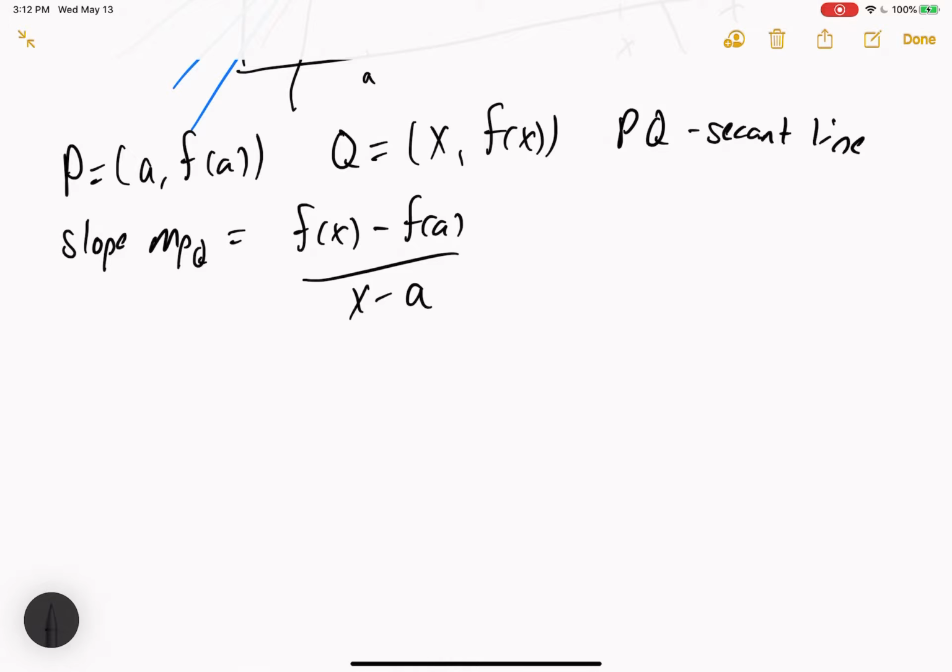So I don't know if you know, but this is actually an equation. This is a value. The slope right here depends on x. So we could model this, we could plug in the values.